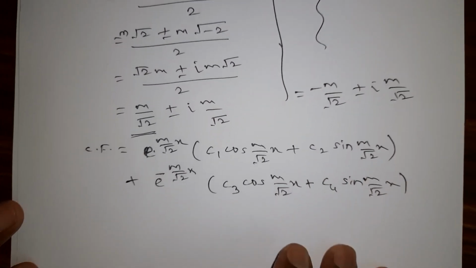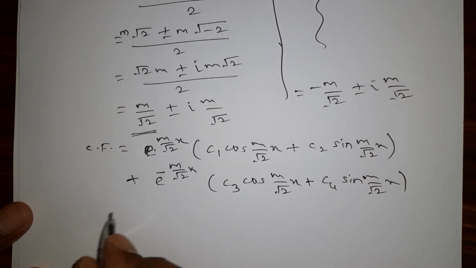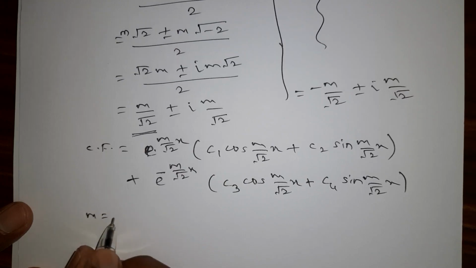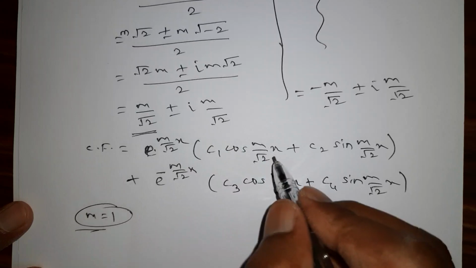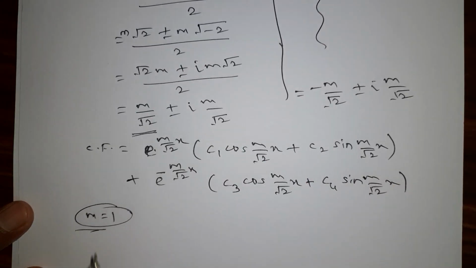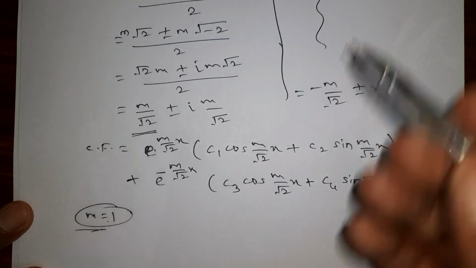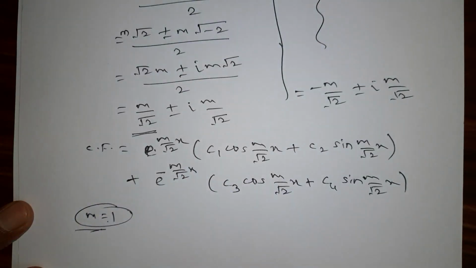Understood? Suppose here m equal to 1 is given, then I have to write only x upon root 2, cos of x by root 2, and you can solve by your own taking m equal to 1 by similar method. Okay.